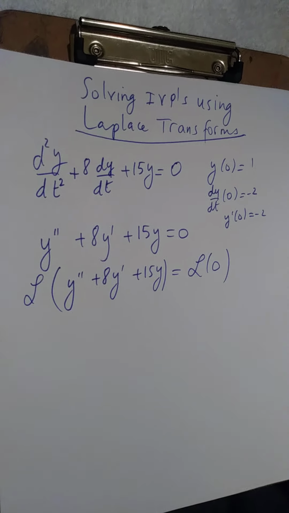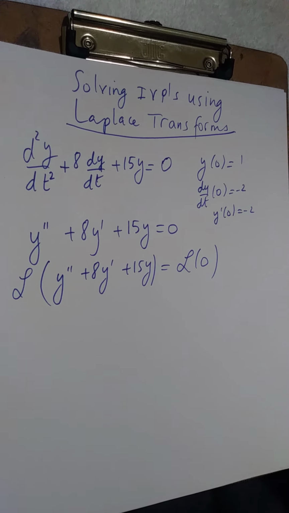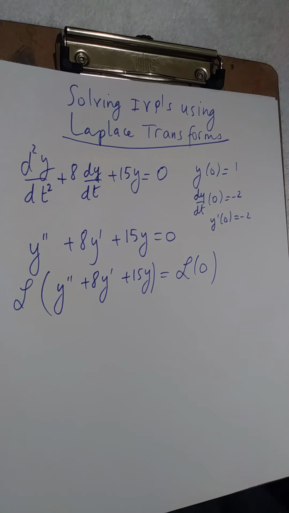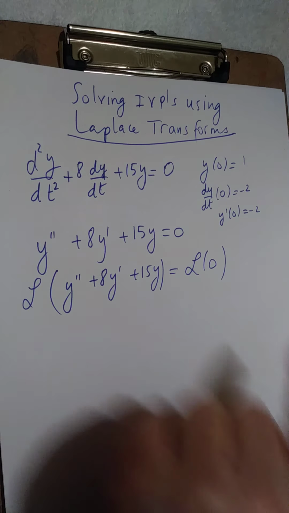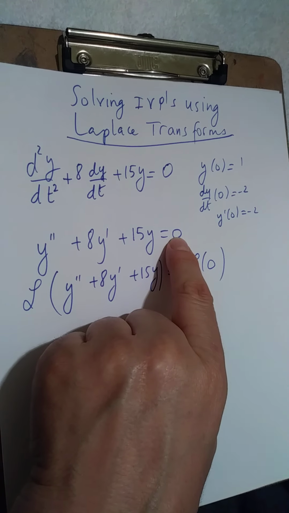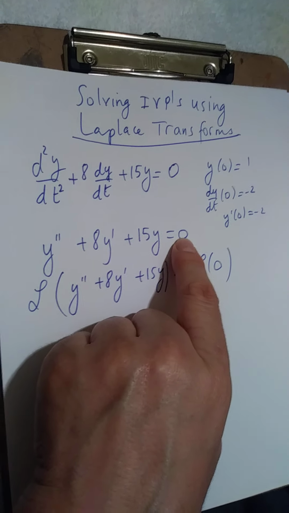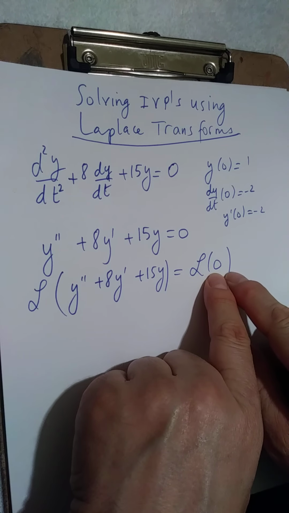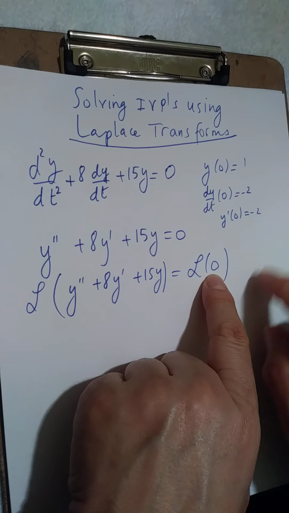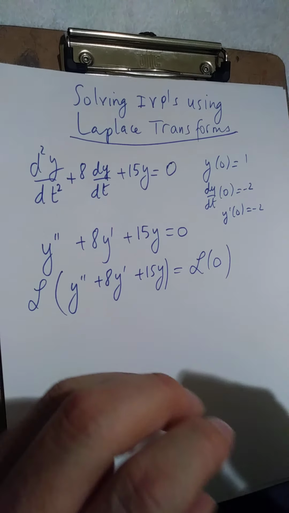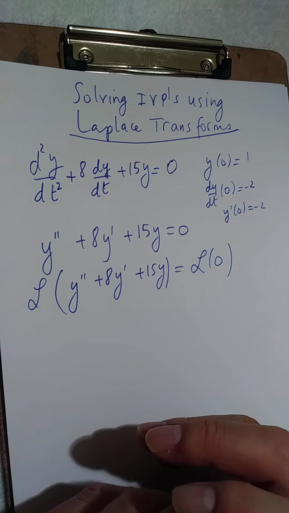The good thing about using Laplace transforms is you can solve non-homogeneous equations the same way. So for example, if we had something on the right side like sine 3t, you just transform sine 3t. And the transform of sine 3t is 3 over s squared plus 9. It does not make it more difficult.